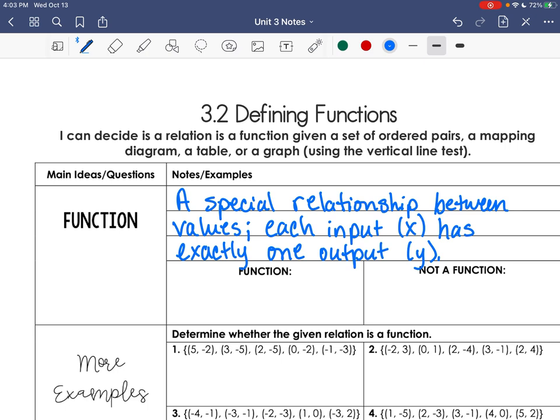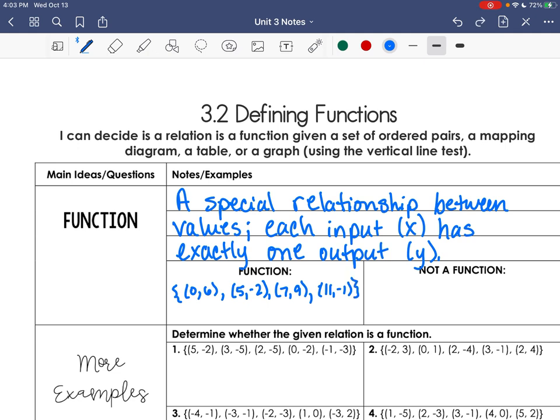So an example of a function would be if you had a set of ordered pairs: (0, 6), (5, -2), (7, 9), and (11, -1).